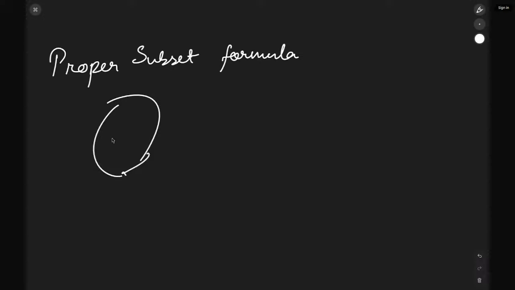And we can define it as the proper subset formula. If we have to pick n number of elements from a set which is containing n number of elements, check this. There's a set which contains n elements, and you want to pick out n elements.